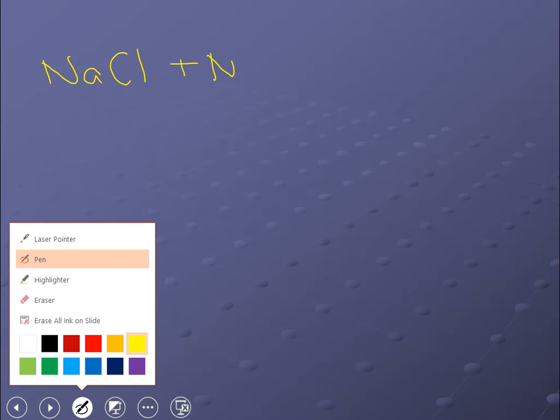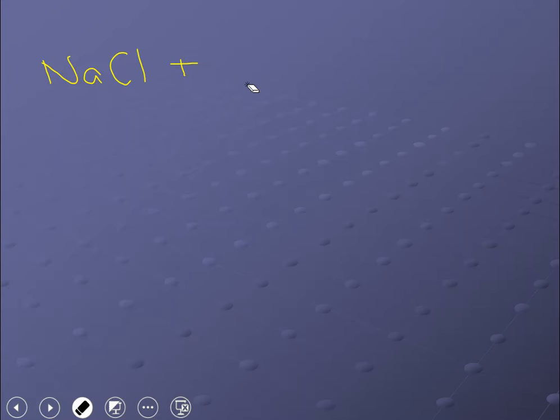There we go. Okay. All right, so our balanced equation, we have NaCl, and we're reacting that with silver nitrate.